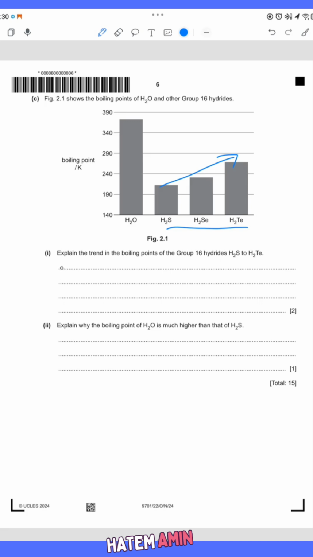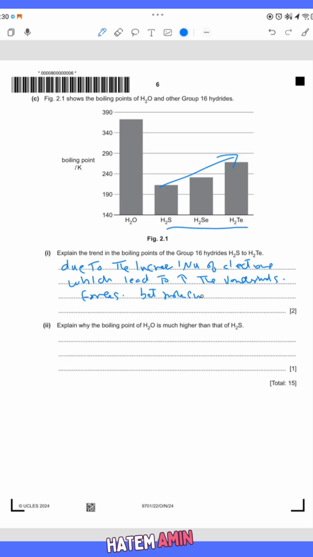So it's due to the increased number of electrons, which leads to increased van der Waals forces between molecules.